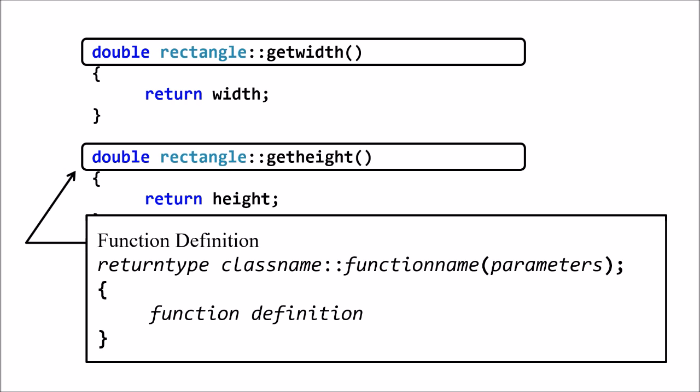The first function is named getWidth because I want to find the value of the width data member in our class of objects. And the second function is named getHeight because I want to find the height data member. And neither of these functions take parameters. It's simply not necessary to have parameters for the function calls in this case. So these are the function definitions for the two accessor functions.